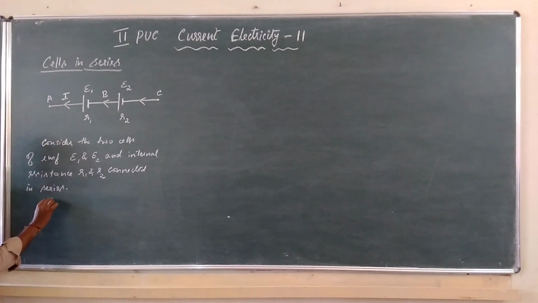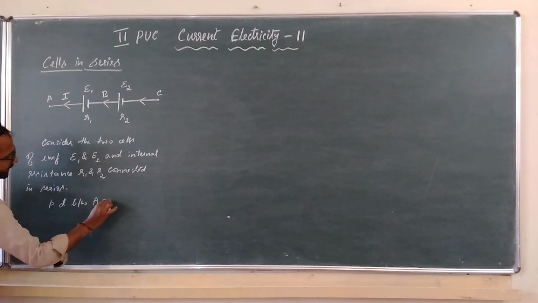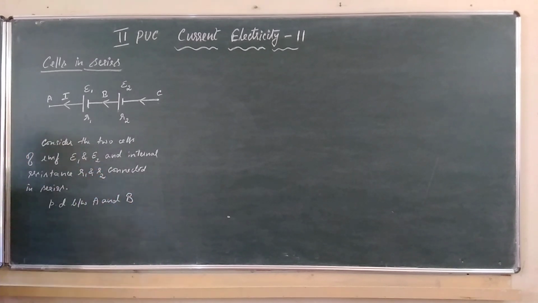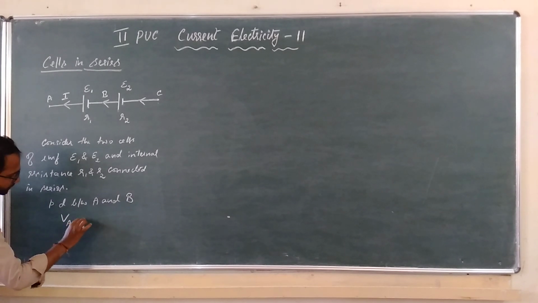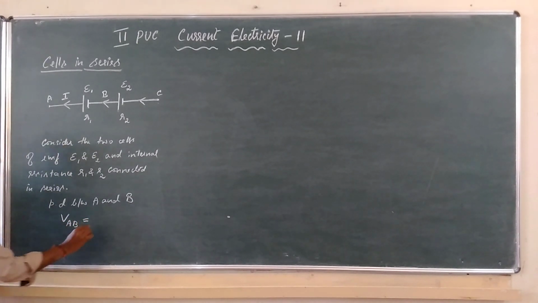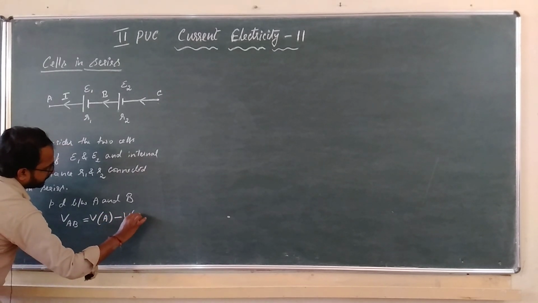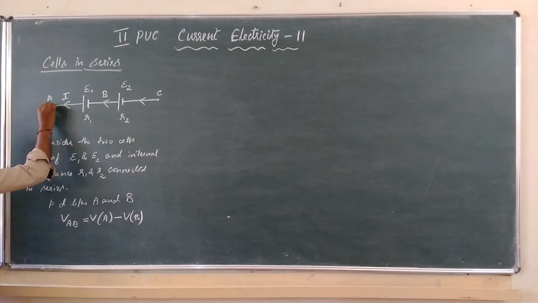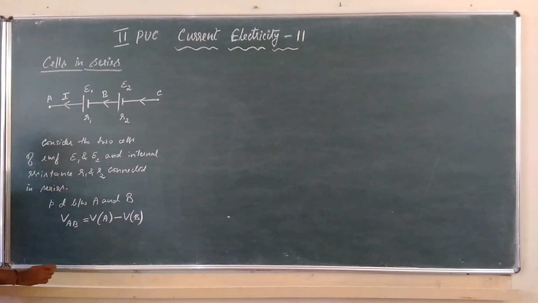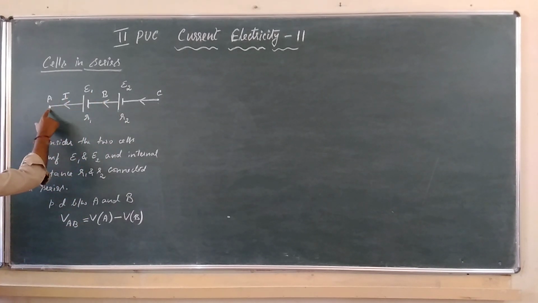So the terminal potential difference between A and B, if I calculate, say VAB, is equal to VA minus VB, that is the potential at A minus the potential at B. What is the potential difference between these two?